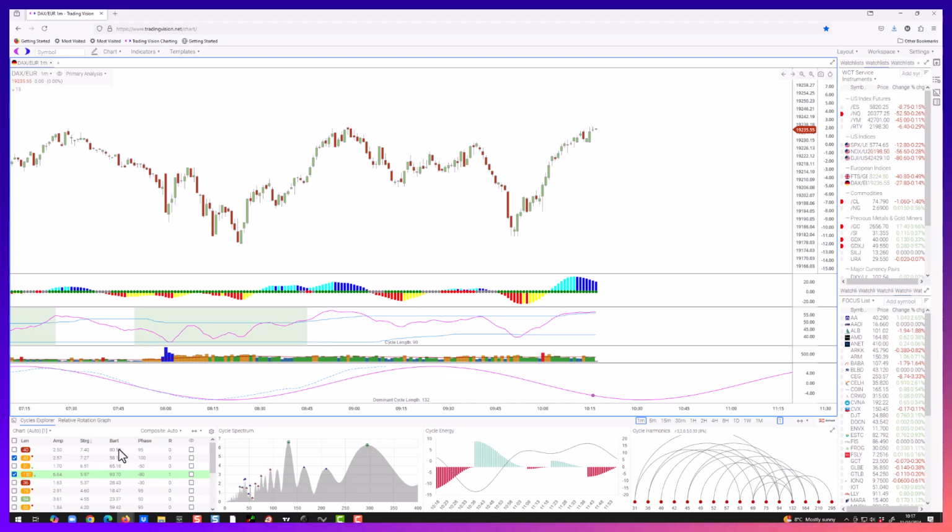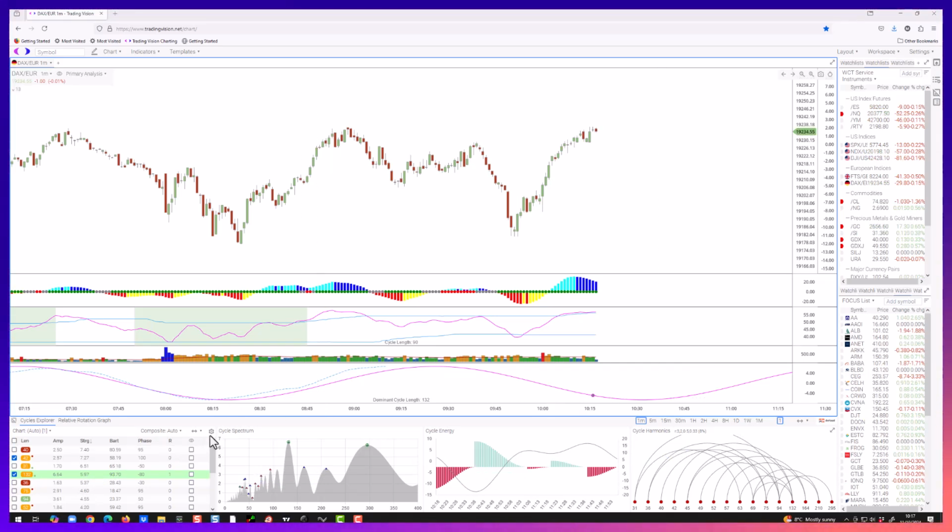We have a set of algorithms that detect all of the key dominant relevant cycles in any data set on any time frame, and on every new bar of information, so in this case every 1 minute, all of this information that you see down here below the view pane is updated in real time.